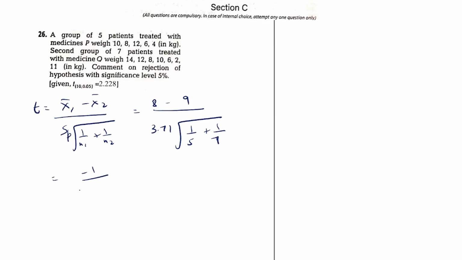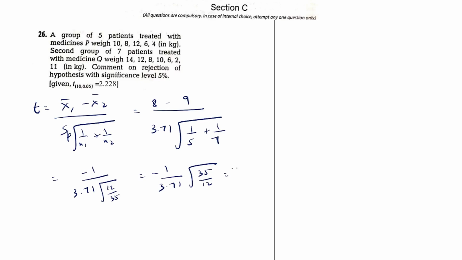So this is minus 1 by 3.71 into root of 7 plus 5 by 7 into 5. So it is 12 by 35, or this is minus 1 by 3.71 into root 35 by 12.